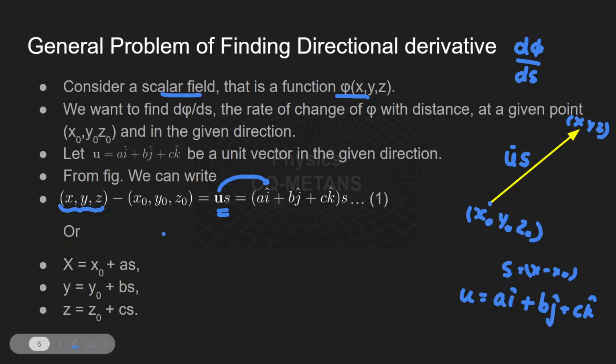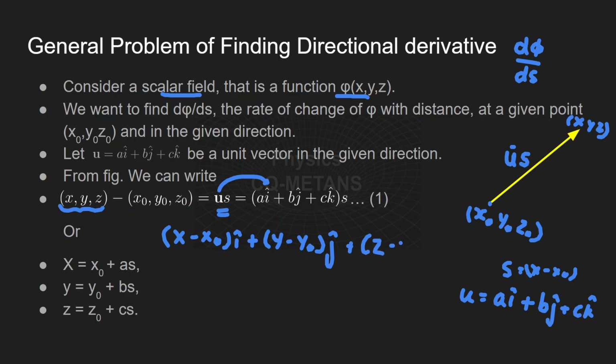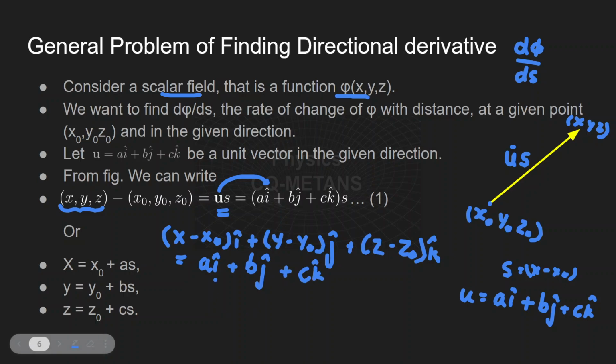So if I write it component wise, it is x minus x naught i cap plus y minus y naught j cap plus z minus z naught k cap, and that should be equal to a i cap plus b j cap plus c k cap times s. Now if I compare the coefficients, the ith component will be x minus x naught equal to a s.